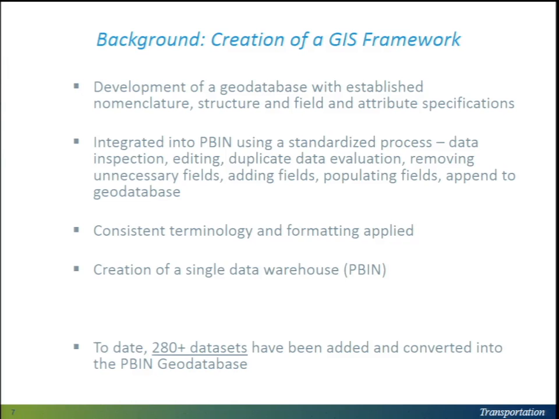Inspecting the data, editing, duplicate data evaluation. Sometimes we'd receive data that overlapped from different entities, and we evaluated which one was more accurate or more up to date, or provided more attribute information. We had to remove some of the shapefiles we received. We had to remove some of the fields because they didn't fit into ours, and we had to add fields to make sure it lined up with our geodatabase.